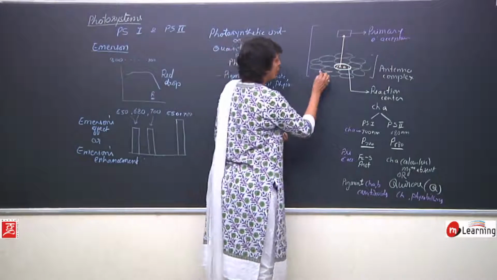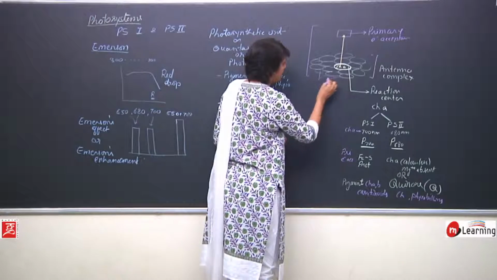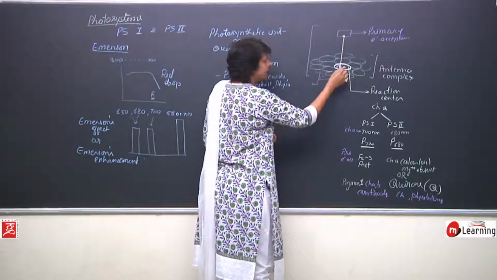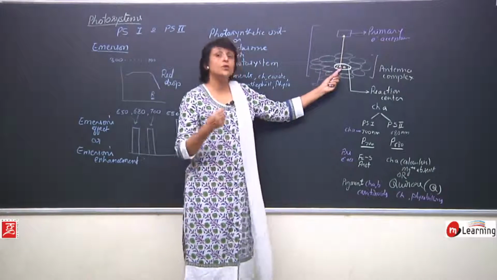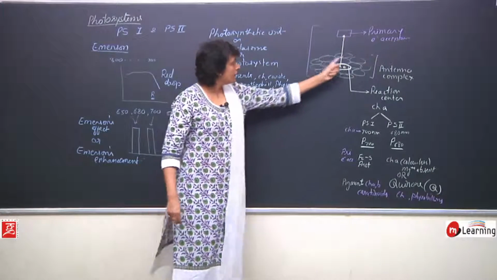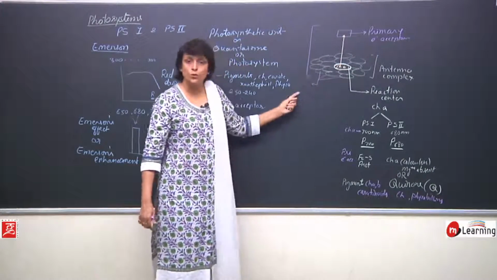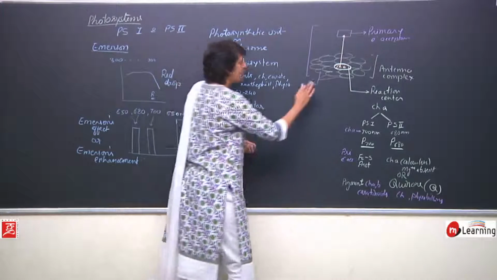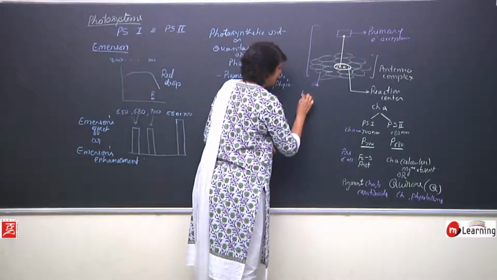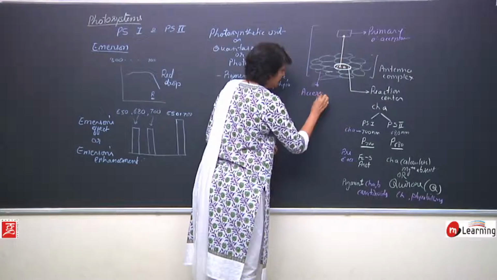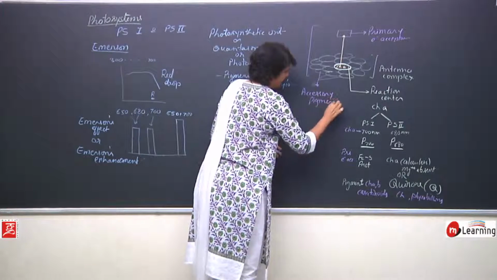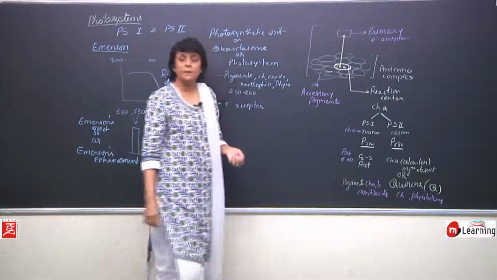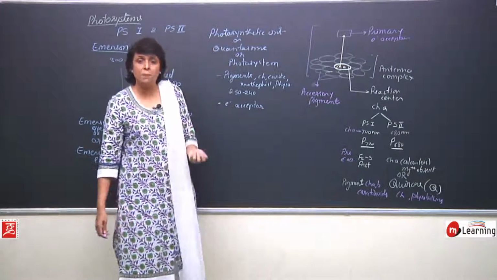Now, what is the role of these other pigments? This main one is the reaction center. We said reaction is going to start from here. What are these other pigments going to do? These pigments are called accessory pigments. Accessory pigments means helping pigments.